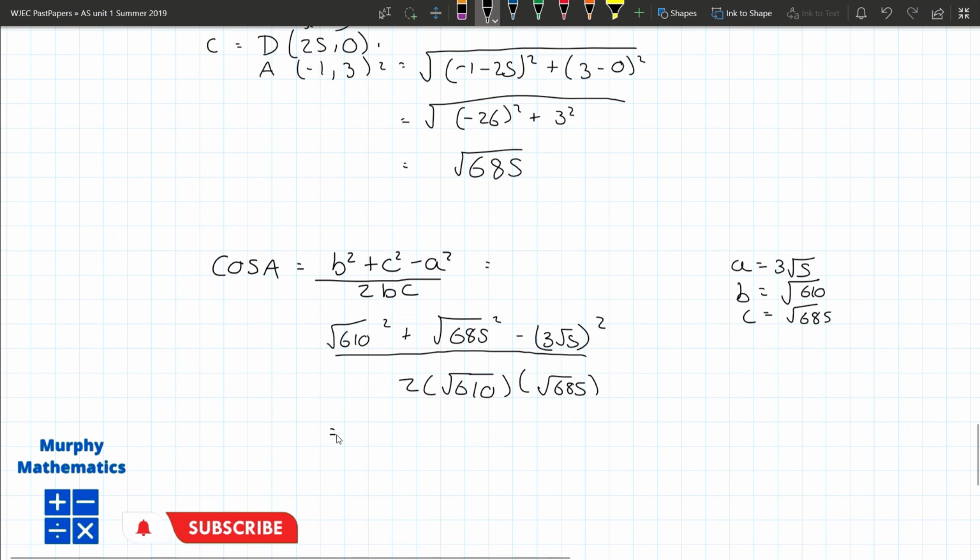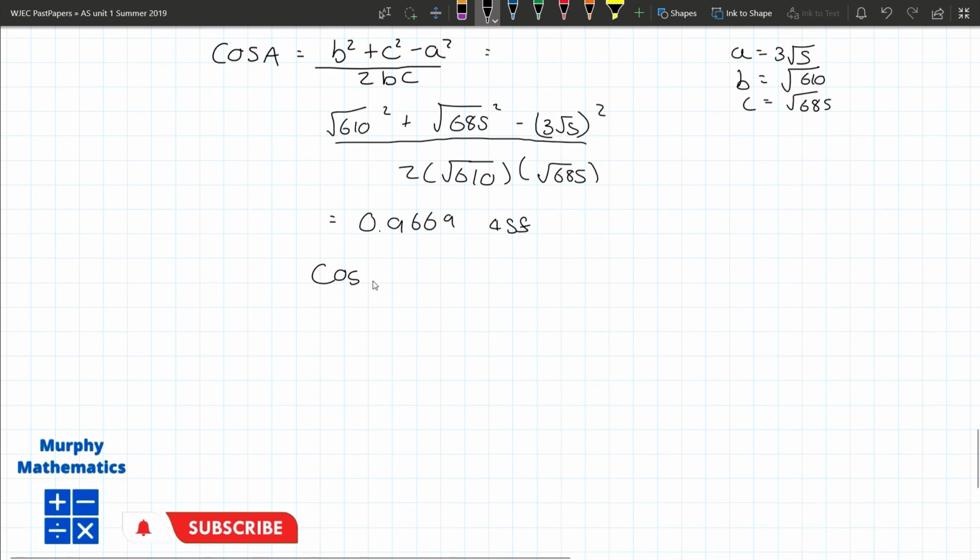And we can just put that into a calculator now, so 610 plus 685 minus 3√5 squared, over two times root 610 times root 685, which equals 0.9669 to 4 figures, and that's cos A equals 0.9669.